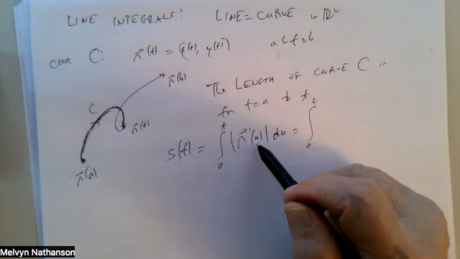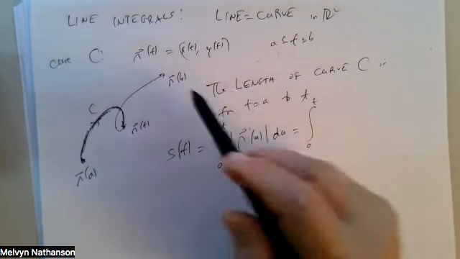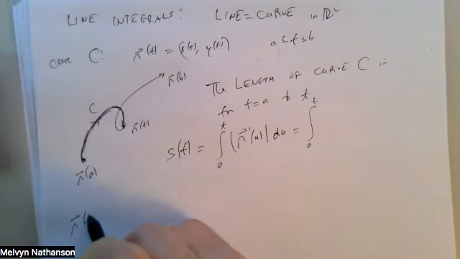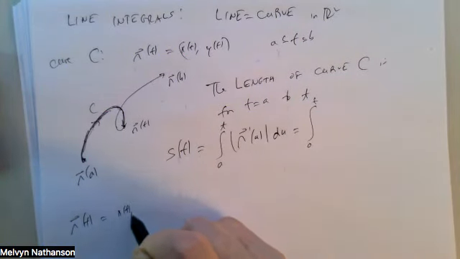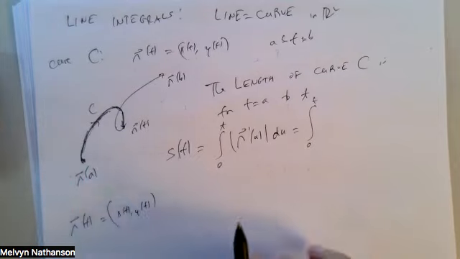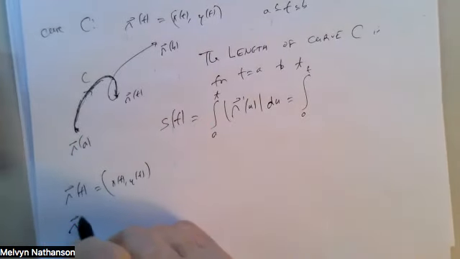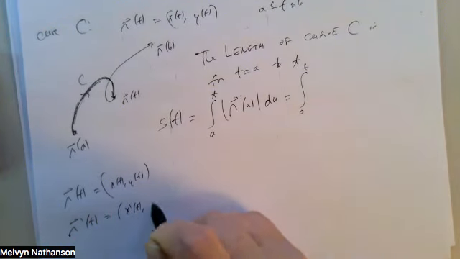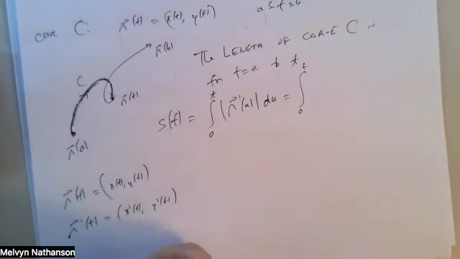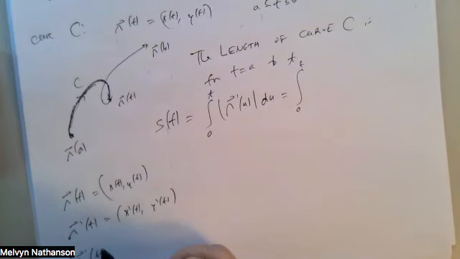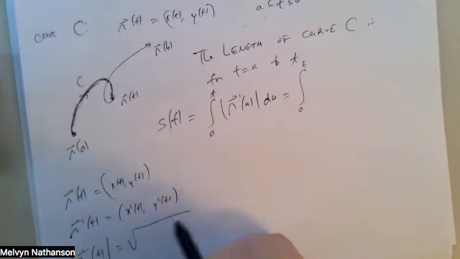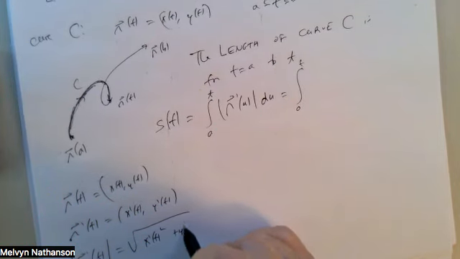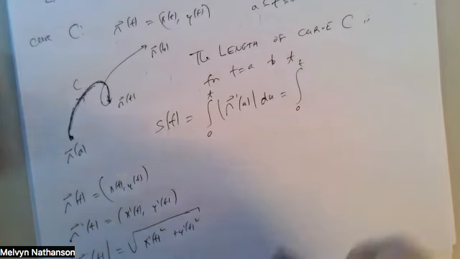The length of r prime of u: r of t is x of t, y of t. Then the tangent at any time t, the derivative, is x prime of t, y prime of t. And the length of this vector is always the square root of the sum of the squares of the coordinates, x prime of t squared plus y prime of t squared.